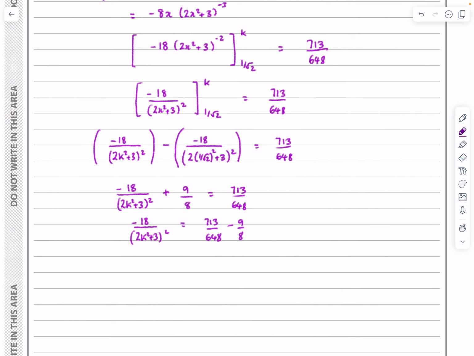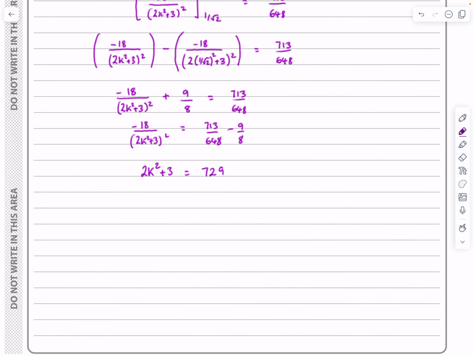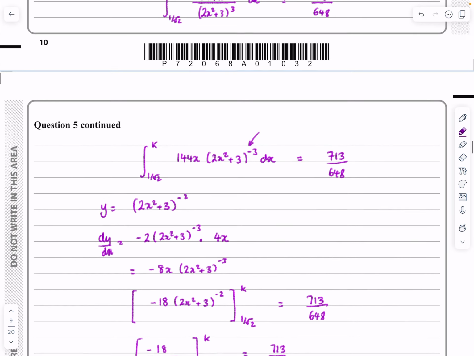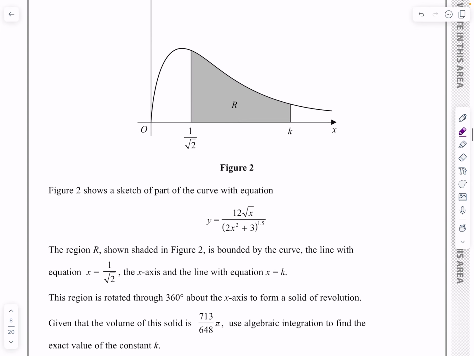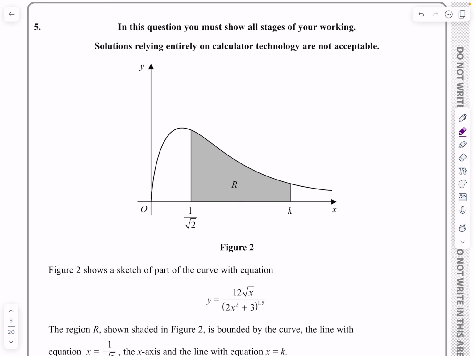You can take your time to do this if you want, but otherwise, as I say, the video is going to be way too long here. 2k squared plus 3, if you tidy that all up, comes to 729, which means 2k squared comes to 726. k actually works out to be 2 root 3 if you follow all that algebra through for the last bit. And as I say, if you've understood the rest of the video, then that algebra bit at the end should not be that difficult. Okay, hopefully that all makes sense.